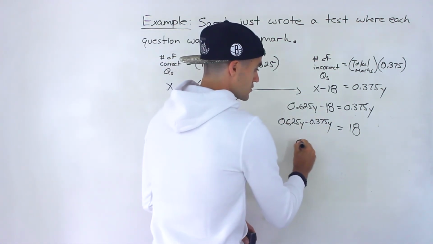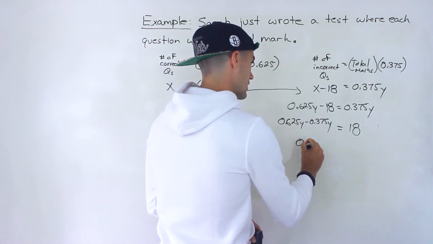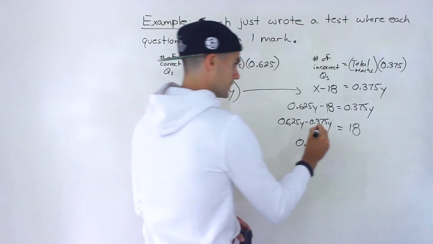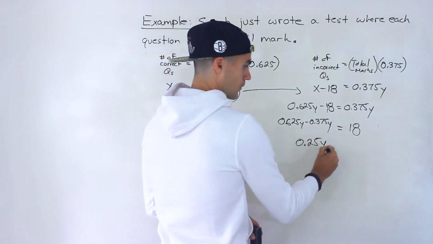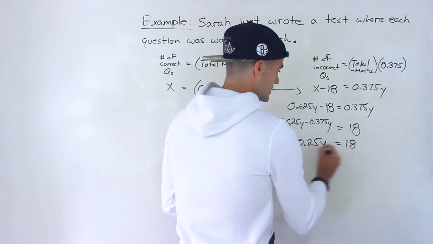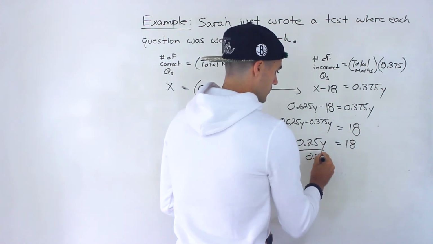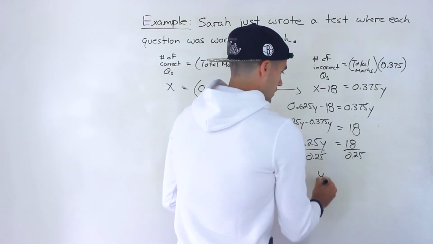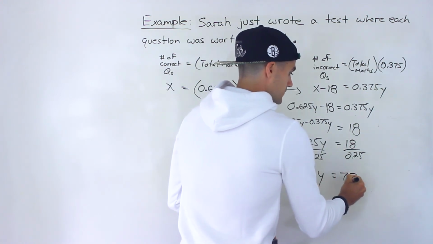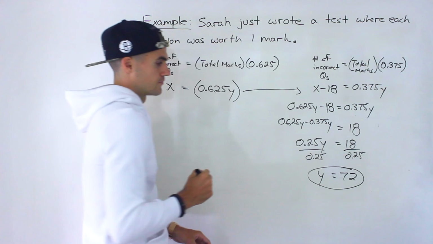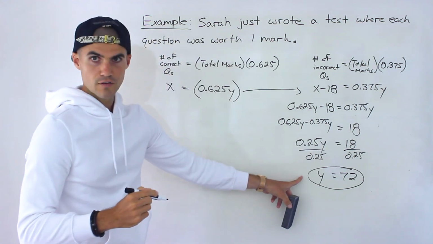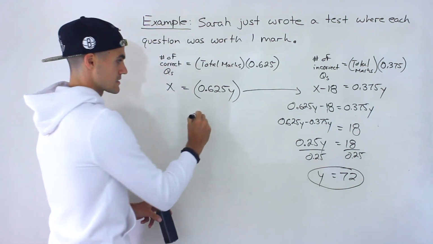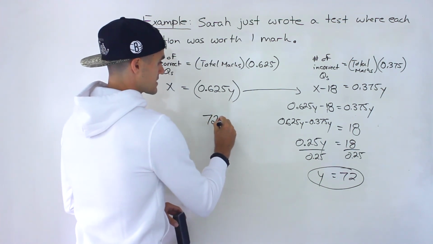This is going to equal 0.25y equals 18. 0.25, divide both sides by 0.25. And we get 72. And so that's actually the final answer. This test was out of 72 marks.